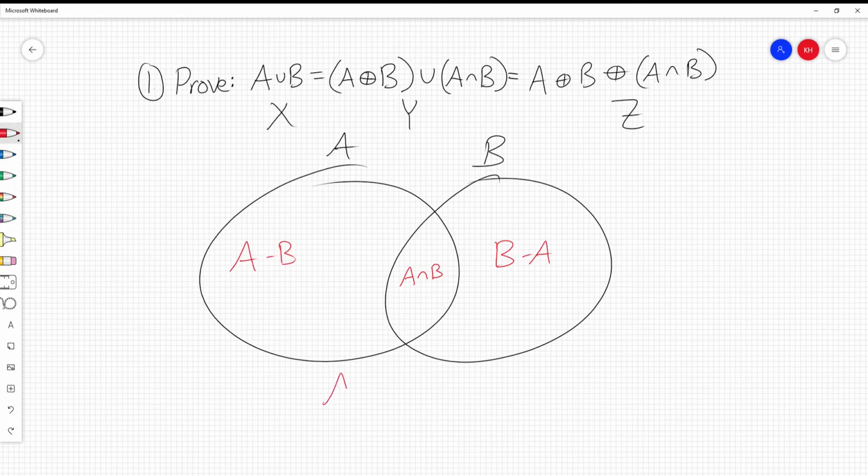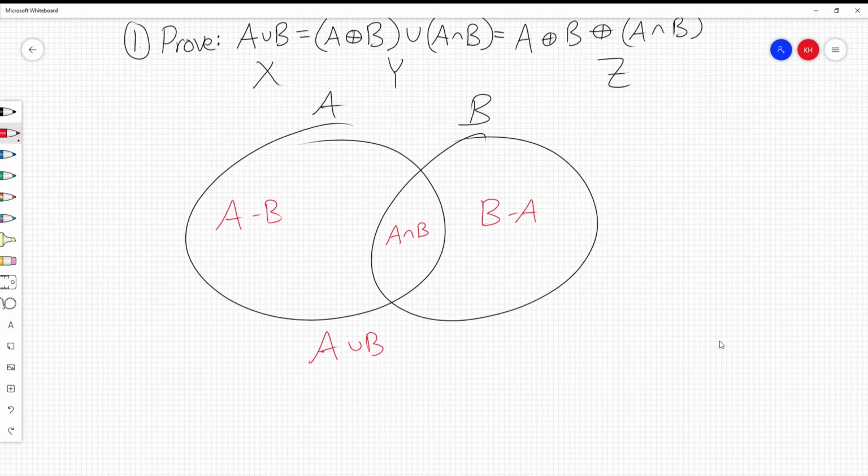And this whole thing is going to be A union B, right? By definition, the symmetric difference is, so if we do A symmetric difference B, this is exactly equal to A minus B unioned with B minus A.